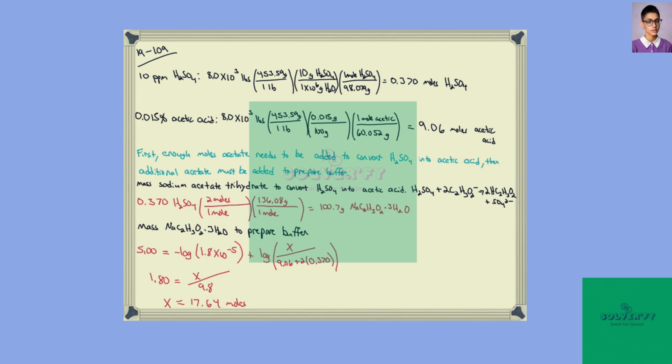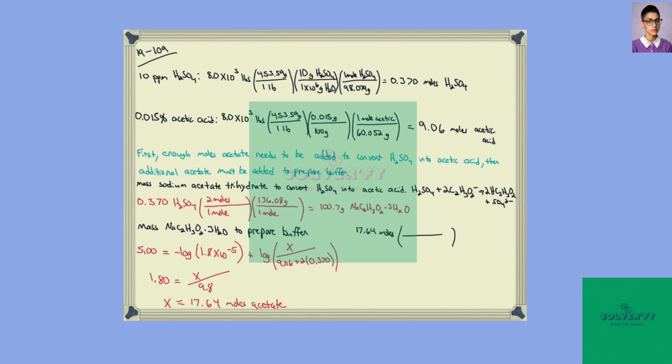So this is the additional moles of sodium acetate trihydrate that I need to add on top of this mass that I just added to convert all of this into acetic acid.